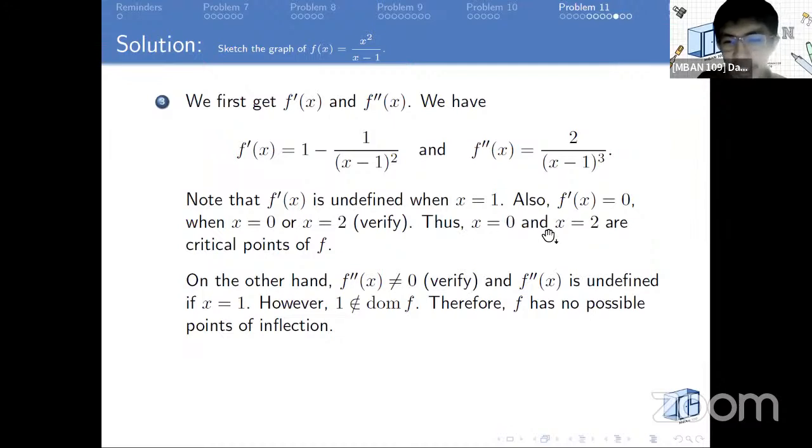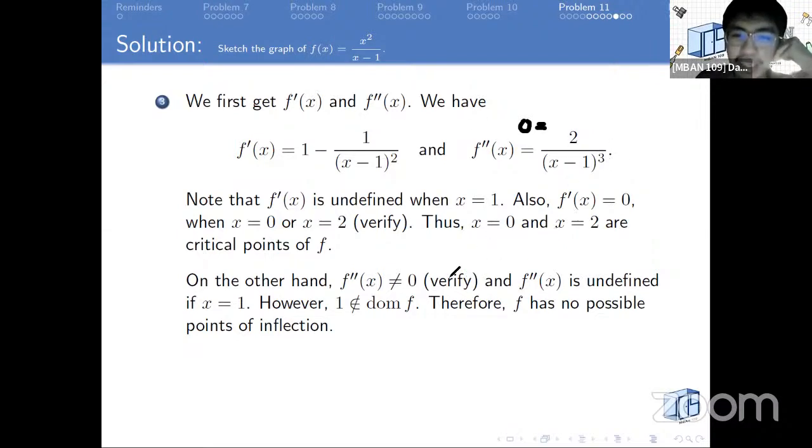Thus, x equals 0 and x equals 2 ay critical points ng f. On the other hand, f double prime of x should not be equal to 0. Kasi pag nag-0 ka dyan, tas minultiply mo both sides by cube of x minus 1, mangyari kasi dyan 2 equals 0, so hindi siya totoo.